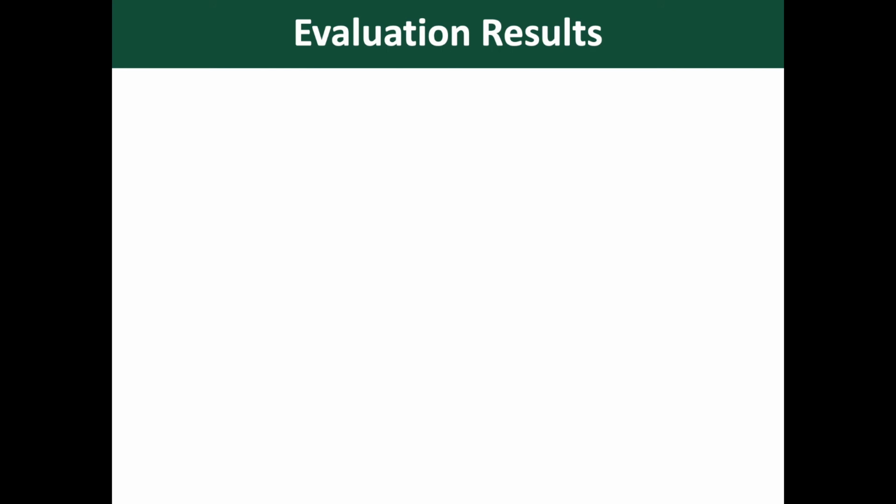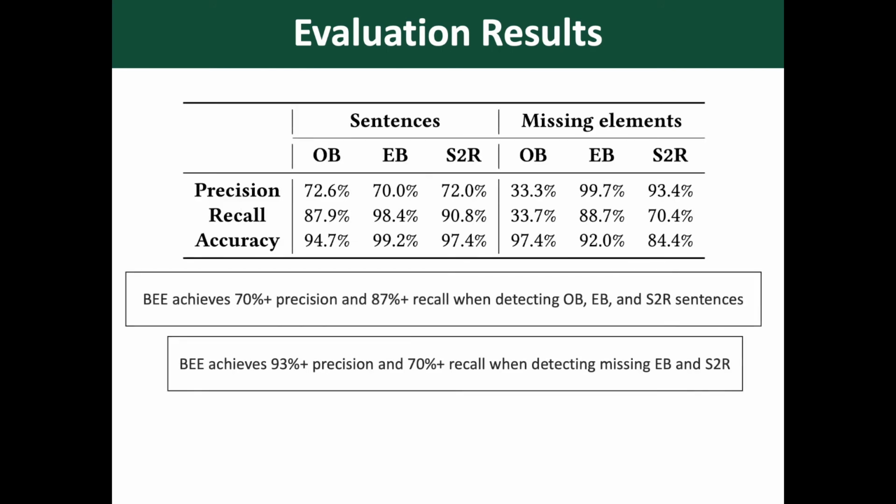The result of sentence classification shows that B's model achieves more than 87% recall and more than 70% precision, which indicates their ability in detecting OB, EB, and S2R sentences correctly. The results also show the overall performance of B at detecting missing OB, EB, or S2R in an entire bug report. When detecting missing EB and S2R, B achieves substantially more than 93% precision and more than 70% recall.